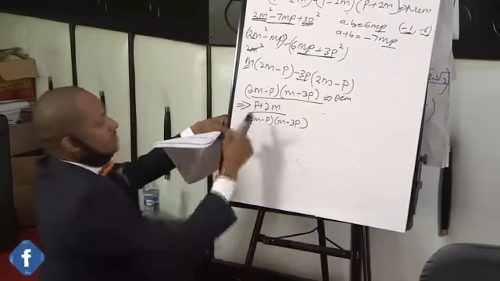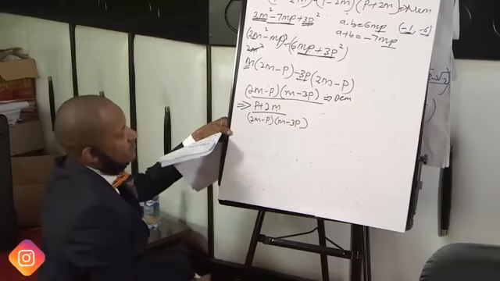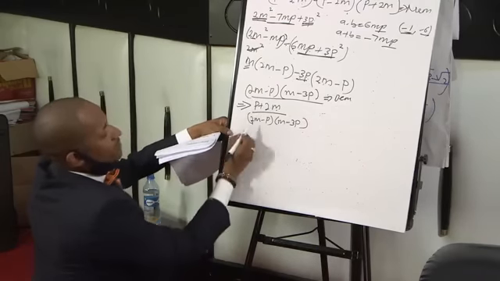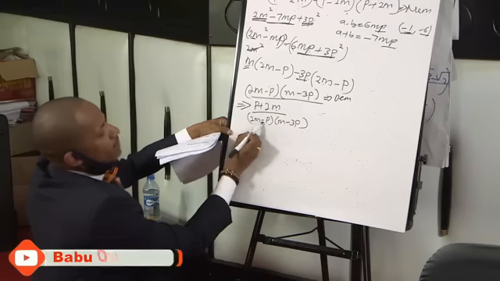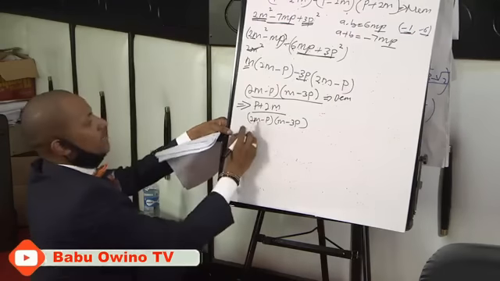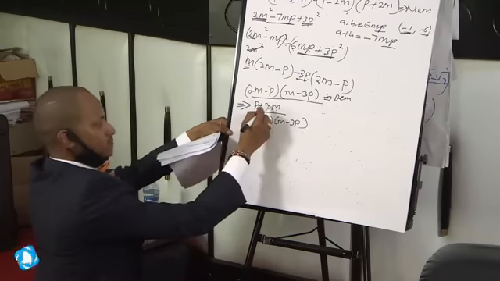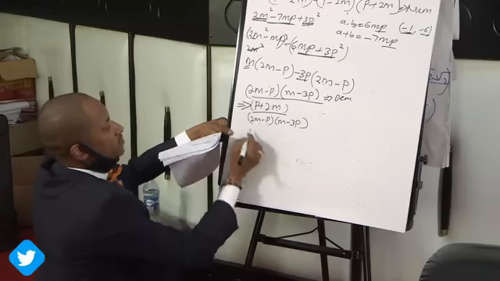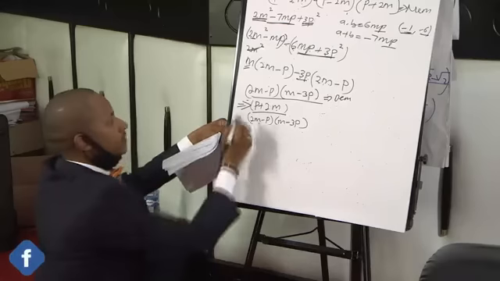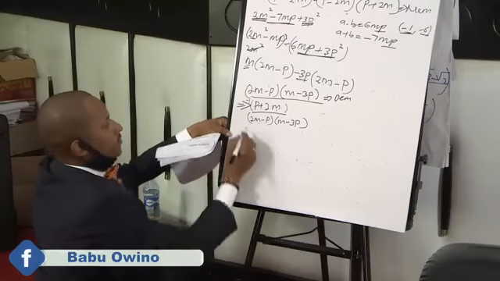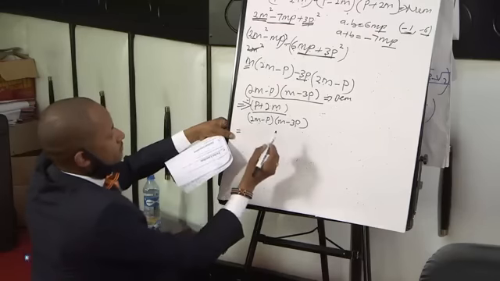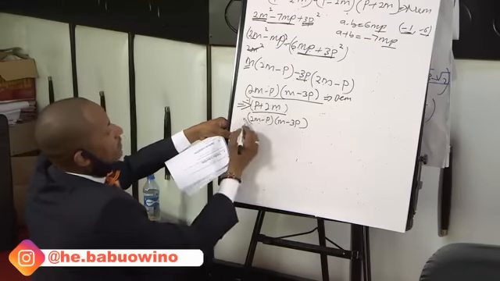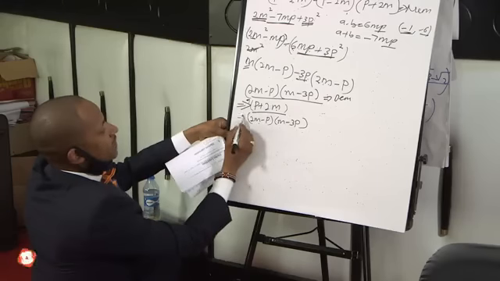So from this, we want to simplify this further. So how do we simplify it? We have p plus 2m, but here we have 2m minus p. So we can make this be equal to this by simply multiplying the upper part of the equation by -1, and the downer part by -1.